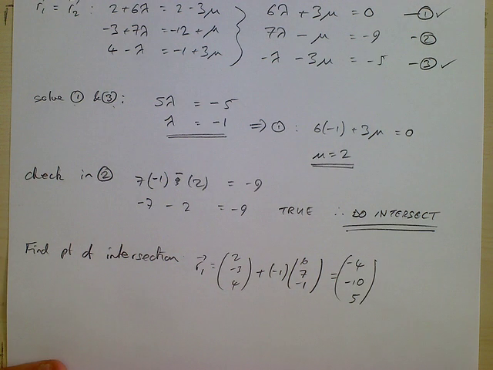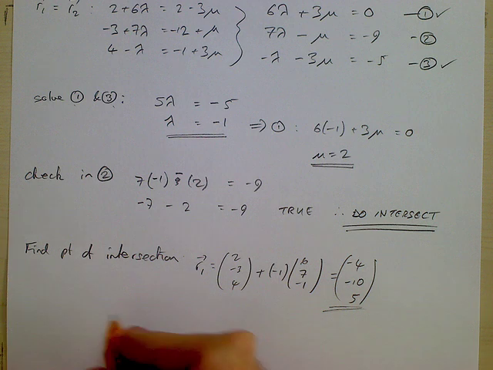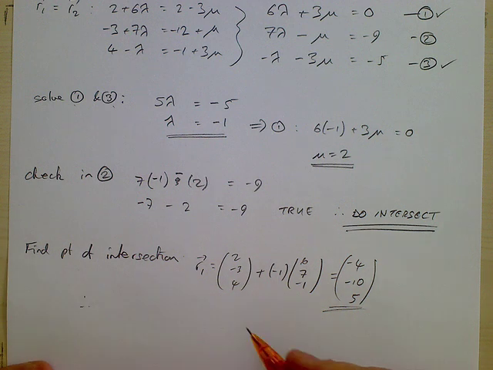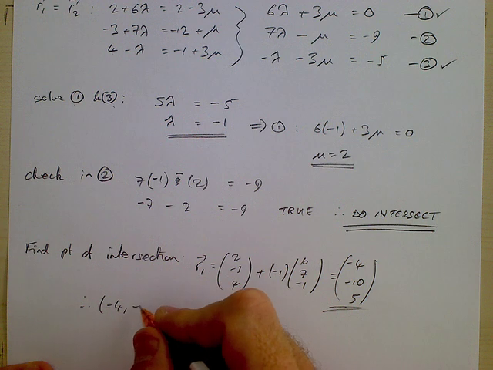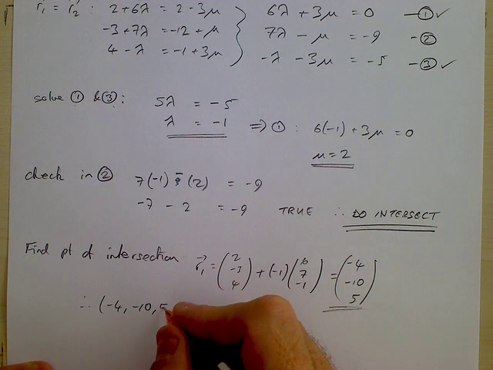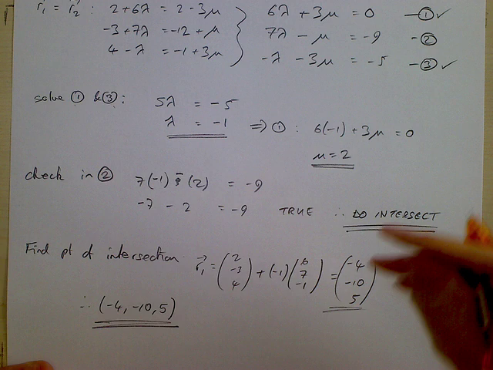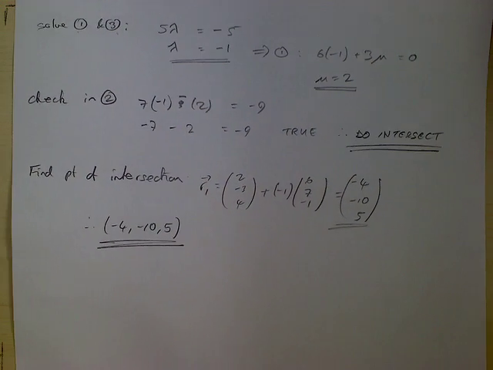And the last thing to mention here is that if they ask you for the position vector, you've done. If they ask you for the point, you have to give the coordinates. So I'm going to say the point is at negative 4, negative 10, and 5. I found the point of intersection.